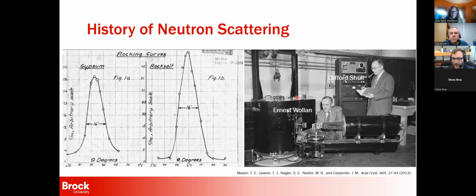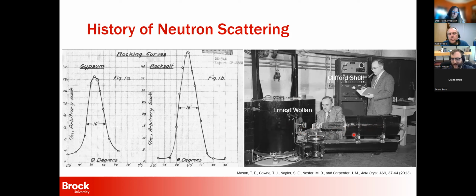What they did was they put gypsum and rock salt, shown here on the left, inside of a beam of neutrons that they had chosen a single wavelength for. And then they have a helium detector back here that they count the neutrons at. And so they can see these Bragg peaks from the system by using neutrons. This was really the first modernly recognizable neutron scattering experiment, and this was in the 1950s.